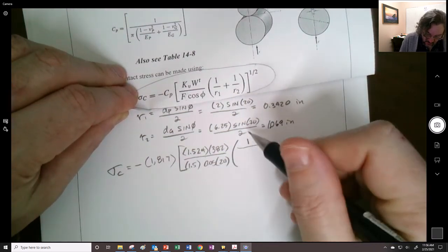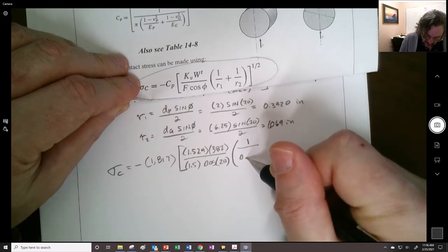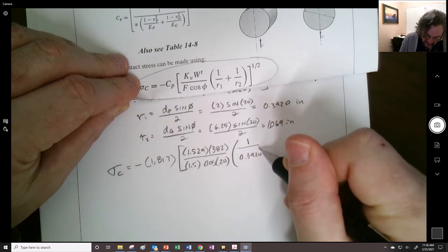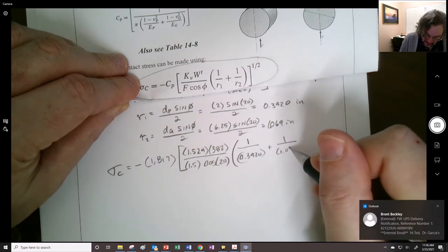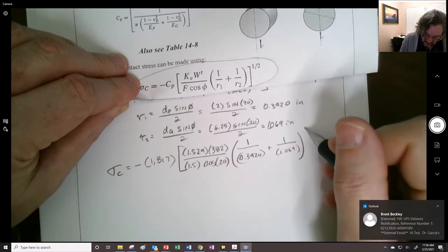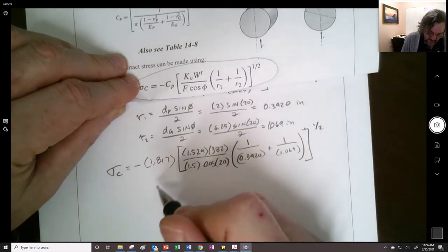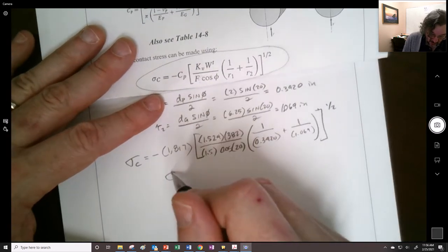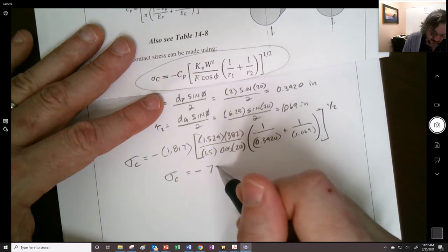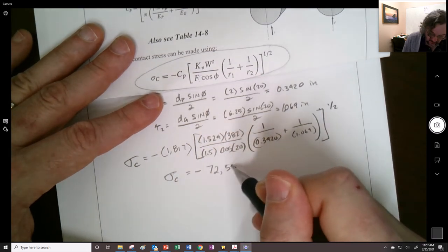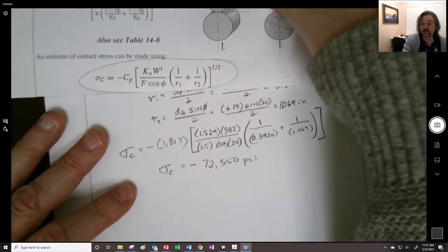And then we take 1 over the radius of the pinion, 0.342, plus 1 over the 1.069. And for the whole thing, we take the square root. And what we find for our contact stress is a negative 72,550 psi.